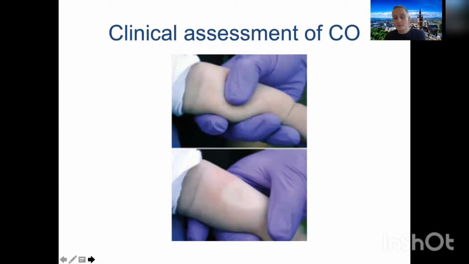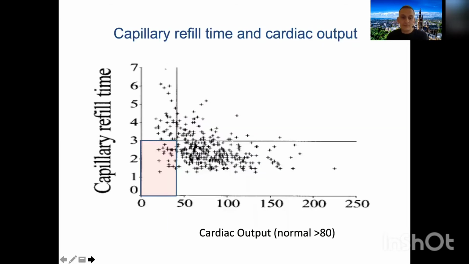Sometimes people will use clinical examination as a proxy measure of cardiac output. Here you can see measurement of capillary refill time, something that we use and report very often. However, when there have been studies performed to look at the relationship between capillary refill time and cardiac output in newborn infants, again, here in a group of preterm infants where a cardiac output of 40 or less was considered abnormal, you can see that there are a group of infants who will have normal capillary refill time.